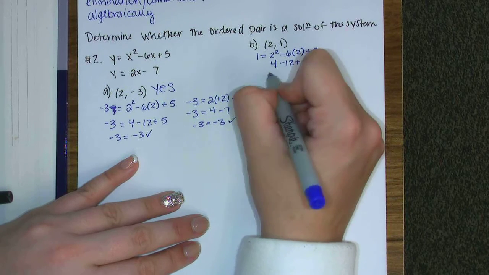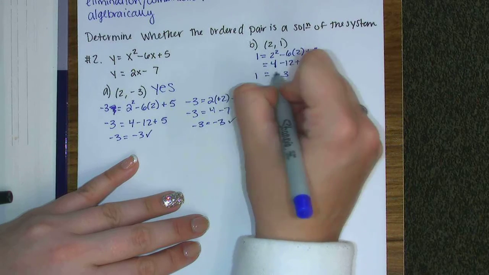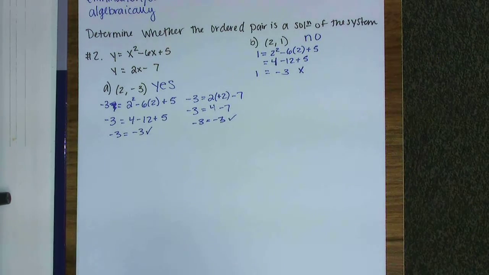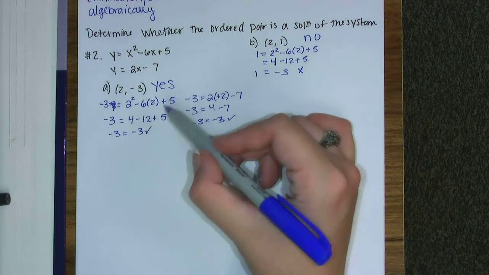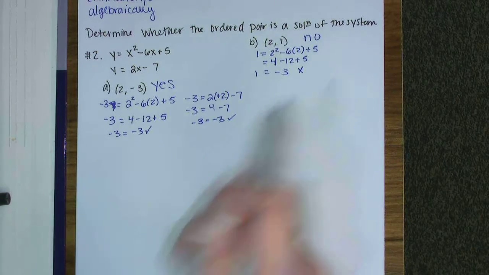This is what we already had, and we knew that was equal to negative 3. And that's not true, so we can go ahead and say no without even having to do the other one. Now, there is a possibility that it may work in one and not the other. So just because you get a yes on the first one doesn't mean there will be a yes on the second one. So just make sure you do check.